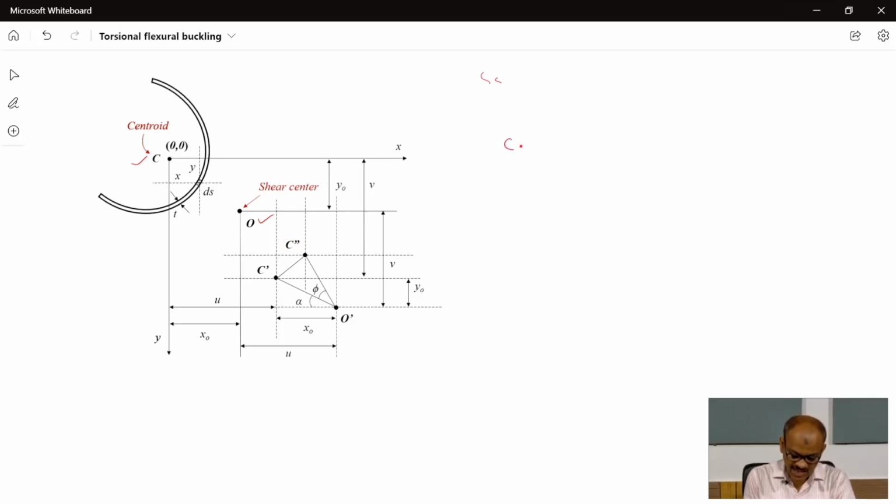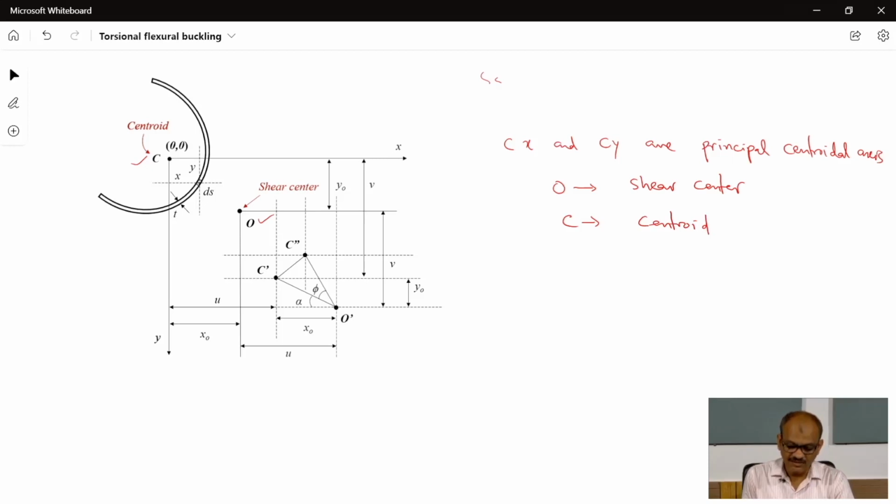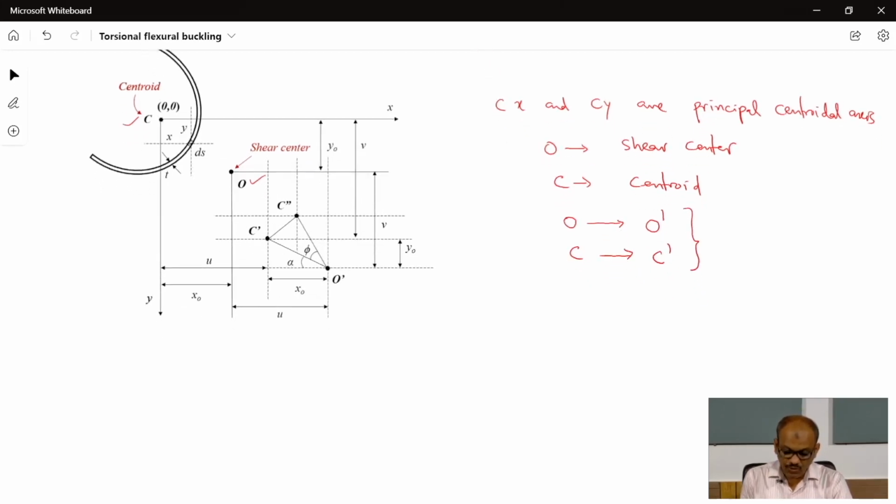Cx and Cy are principal centroidal axes. During translation of the cross section, point O moves to O dash and C moves to C dash, and during rotation this C dash moves to C double dash.